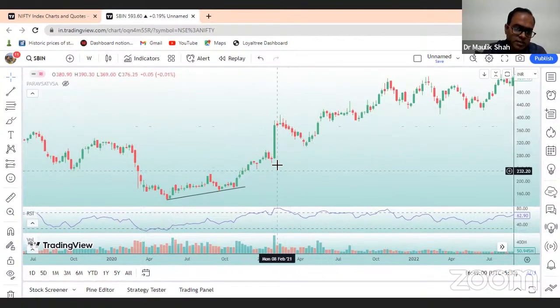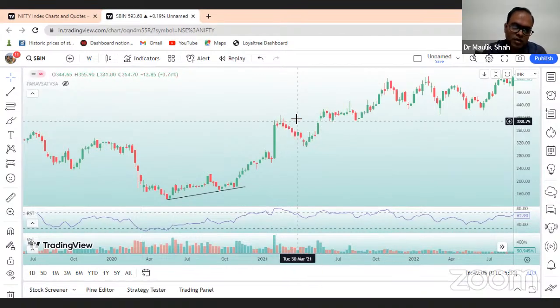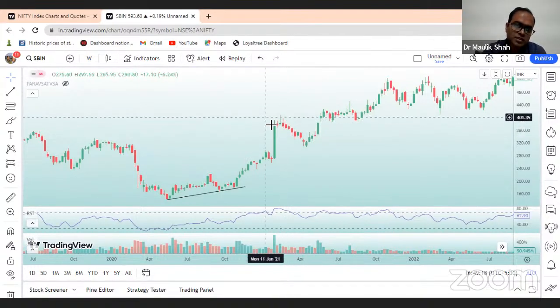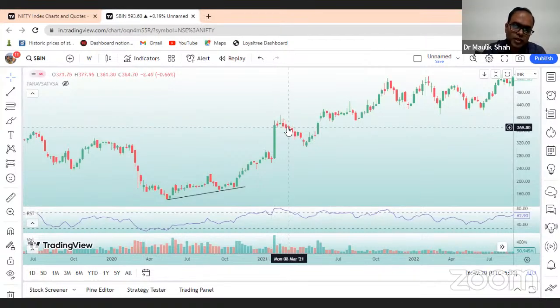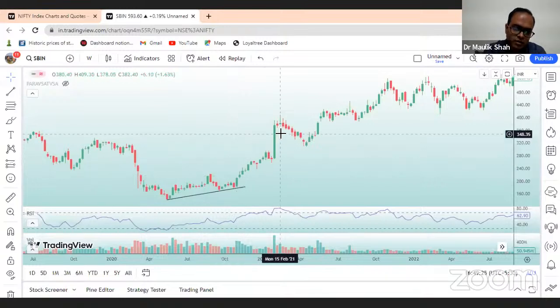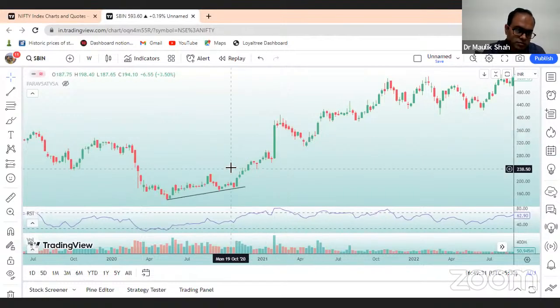Say, for example, after seeing this massive rally, you saw a kind of gravestone doji, where you felt the supply is coming up, and the price has gone down further. This candle also has a big upper wick, so probably there is a lot of supply over here. We have sold over here, for example, but still it was a massive rally from 209 to 360, in how many days?